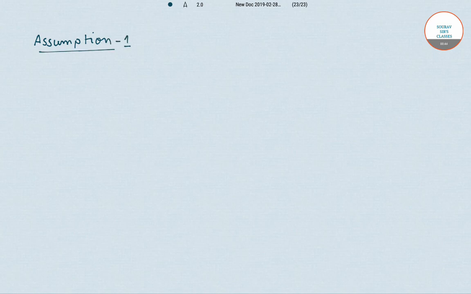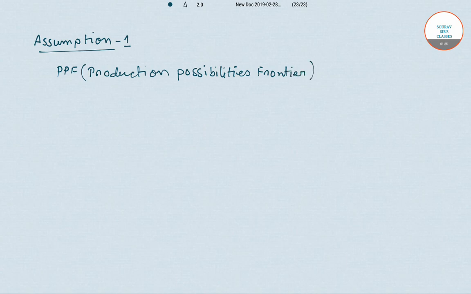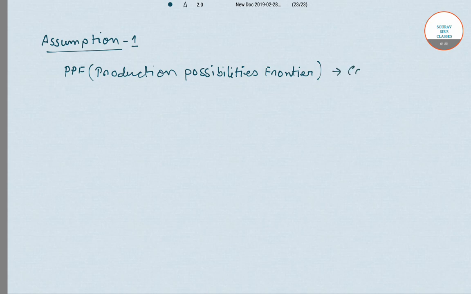So first we'll talk about the first assumption. The first assumption of the Heckscher-Ohlin model is that the production possibility frontier, the PPF, is concave to the origin.